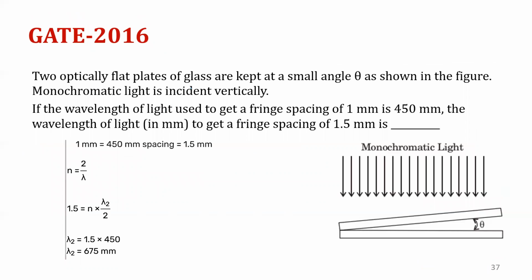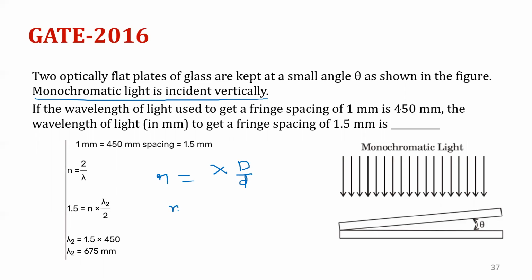Two optically flat plates of glass are kept at a small angle theta as shown in the figure. Monochromatic light is incident vertically. The wavelength of light used to get a fringe spacing of 1 mm is 450. The wavelength of light to get a fringe spacing of 1.5 mm is? Here we know the relation: fringe spacing is equal to lambda into capital D by small d.